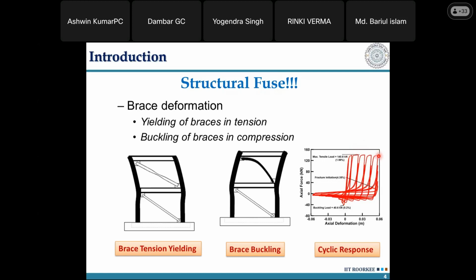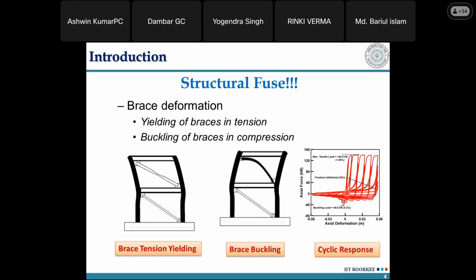So you can see a large area inside the curve in the top tension side. But if you look at the bottom side, after it gets loaded in compression, it buckles at around 40.6 kilonewton. And once it buckles, if you look below zero, you have a lesser amount of energy dissipation on the compression side.